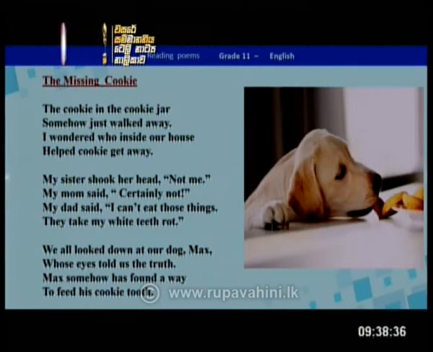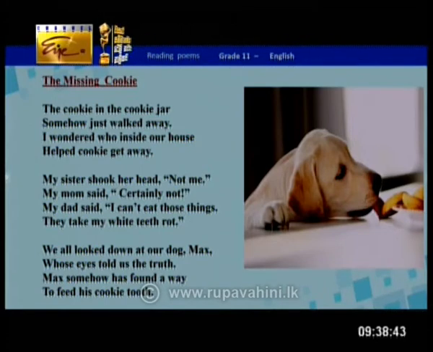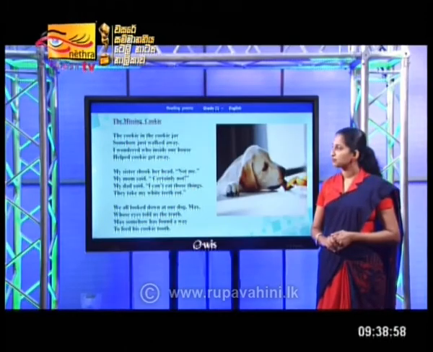My mom said, certainly not. My dad said, I can't eat those things. They make my white teeth rot. We all looked down at our dog Max, whose eyes told us the truth. Max somehow has found a way to feed his cookie tooth.